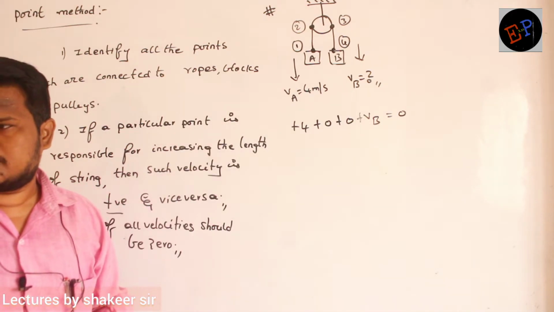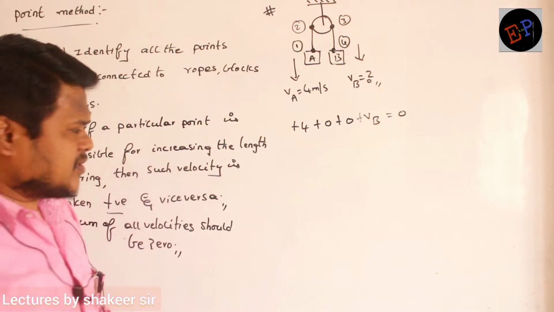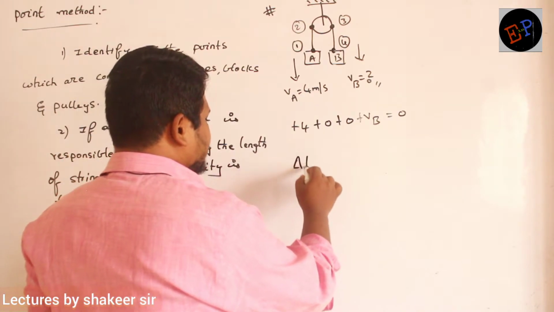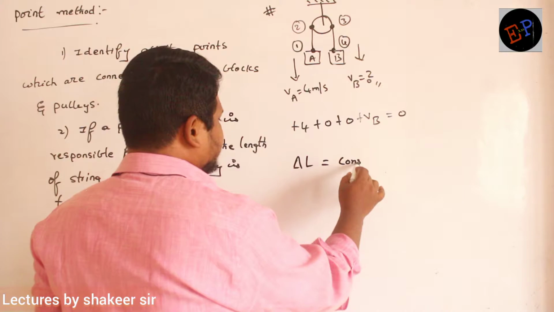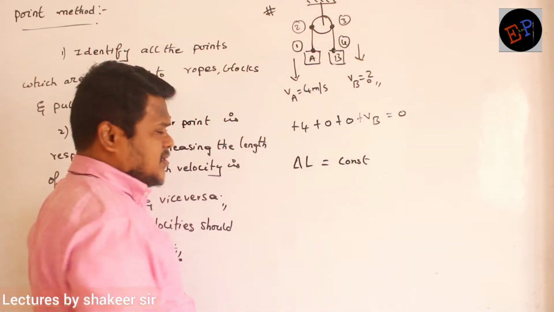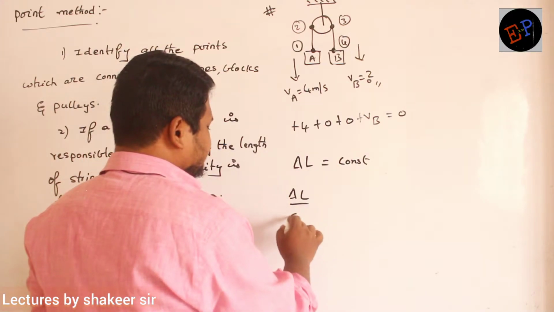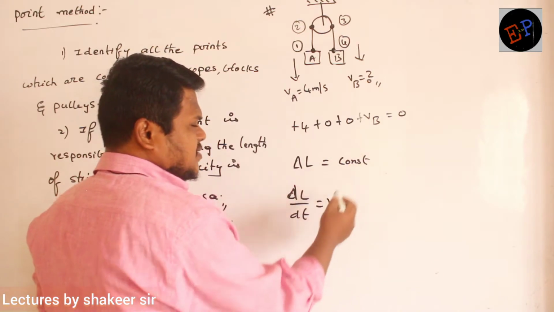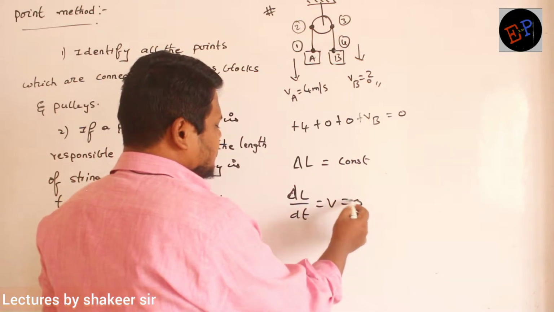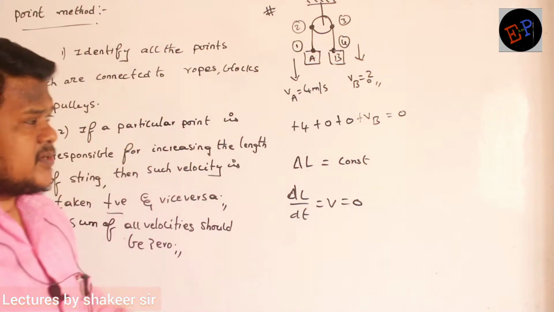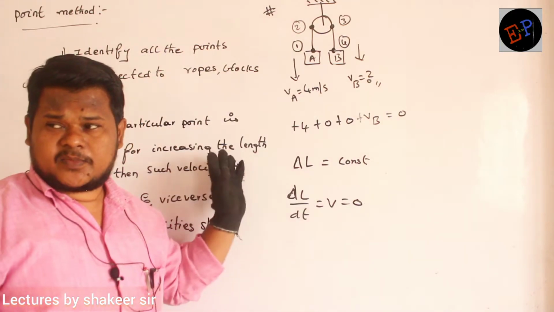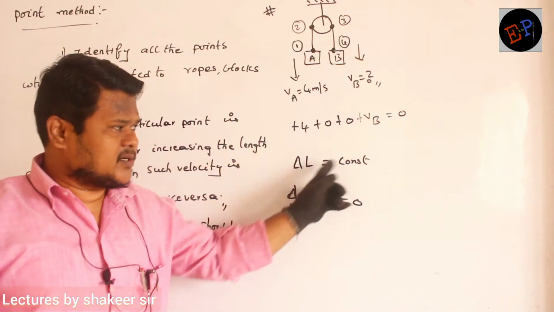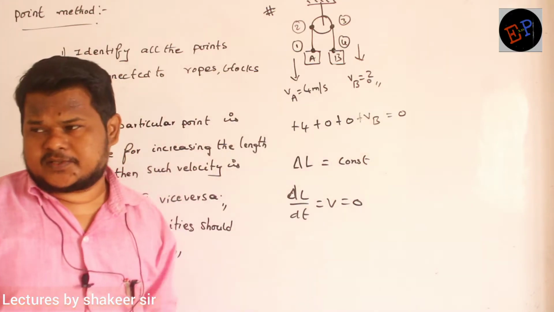Differentiation of length is velocity. Are you able to understand what we are doing? Total change in length is a constant. Or you can say length is a constant. Differentiation of length, dl by dt, is velocity. And differentiation of a constant is 0. So you get velocity 0. So if you take any point, you add the sum of velocities of all the points, the total should be equal to 0. That's it.